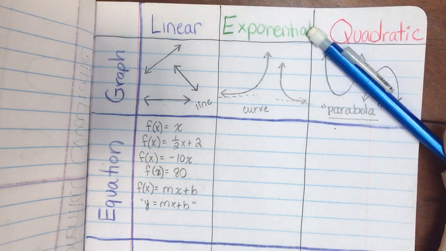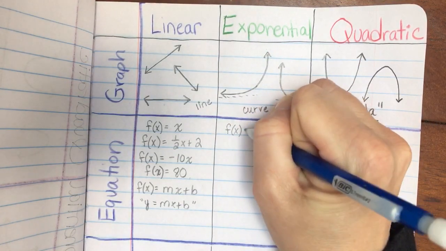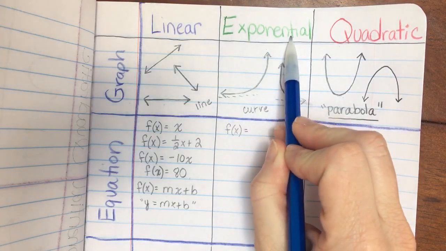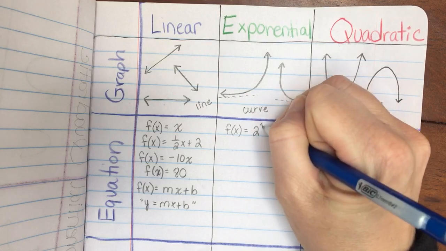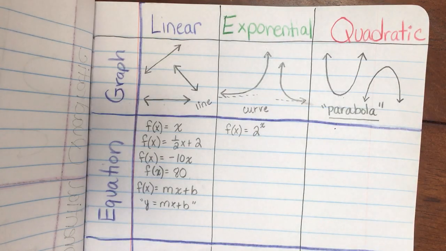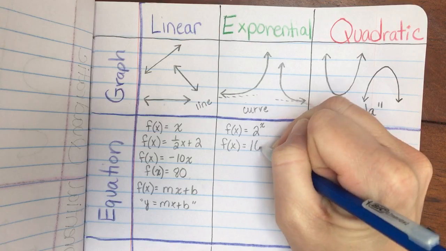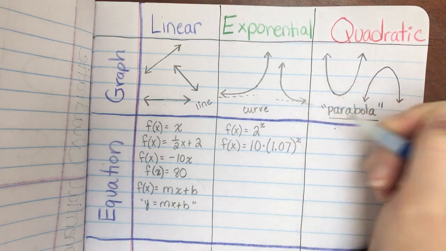Let's talk about exponential equations and what they look like. Here's some examples. Remember exponential? The word exponent is in there. So one example is f of x equals 2 to the x power. Make sure you make that x up high in the air, the little exponent. f of x equals 10 times 1.07 raised to the x power.